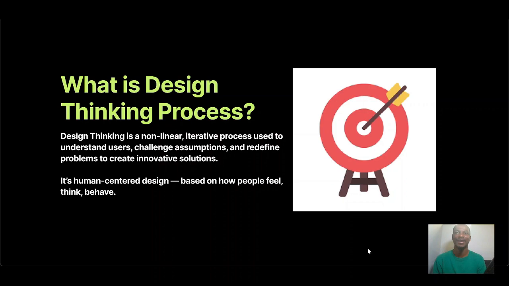As a designer, your products, your platforms, your systems have to do with people, right? People interact with them, and there's how you make them feel. There are thoughts that come to their heads, and there's how you make them behave. And you achieve this deliberately through these design thinking processes.